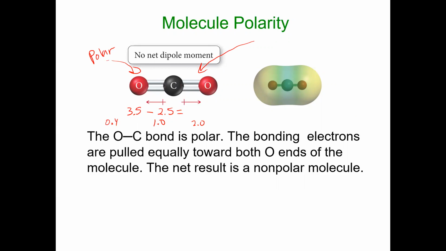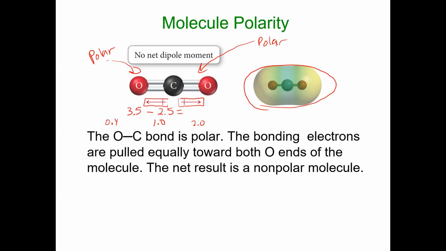But so does this. This is also a polar bond. And what we notice is both polar bonds have dipole moments with the same magnitude, and those dipoles end up canceling each other out. You can kind of see in this diagram that overall there's not one region that has a greater electron density.